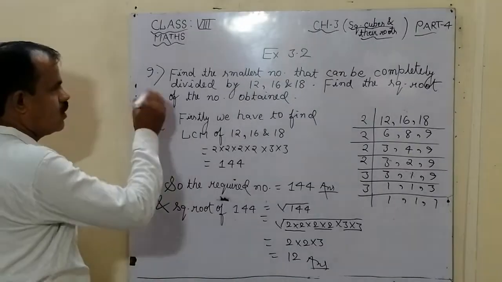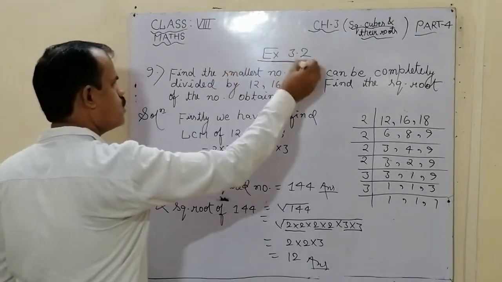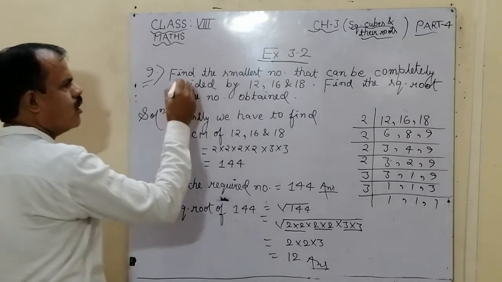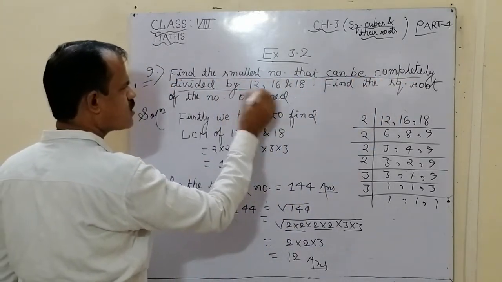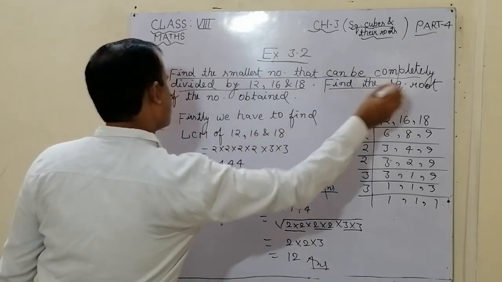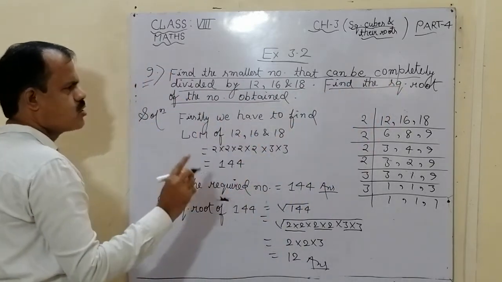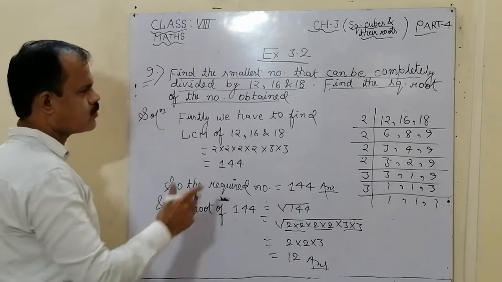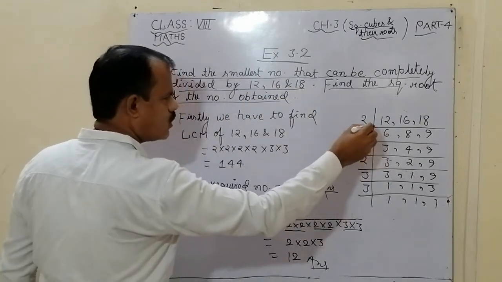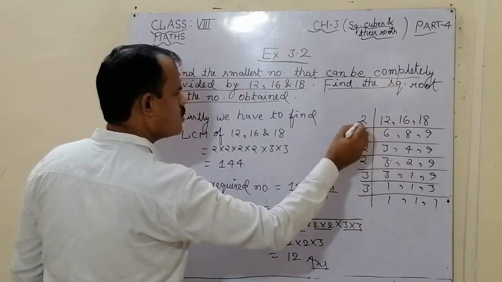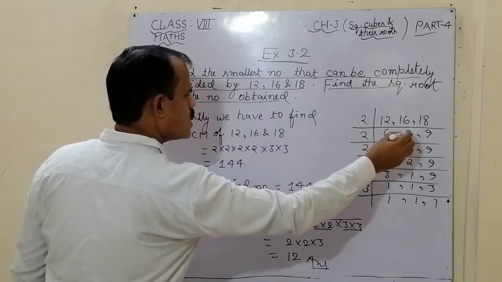Students, last question of exercise 3.2. Question number 9. Find the smallest number that can be completely divided by 12, 16 and 18. Also find the square root of the number. So students, firstly we have to find the LCM of 12, 16, 18. Dividing by 2: 6, 8, 9. Then 3, 4, 9. Then 3, 2, 9.